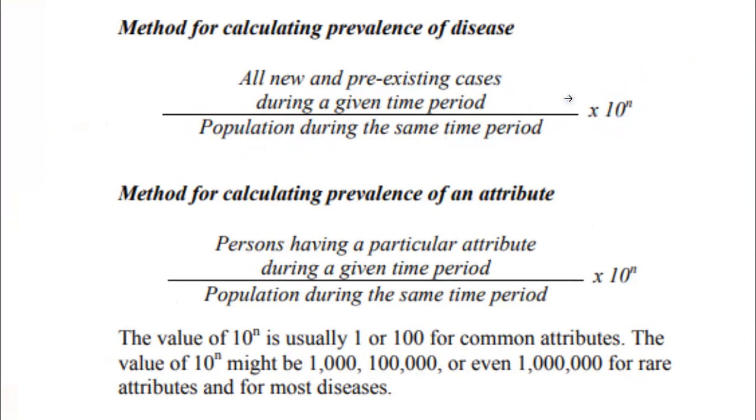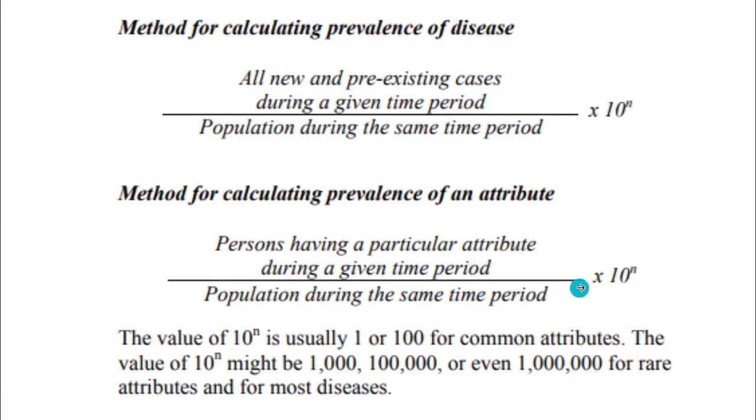Another method for calculating prevalence of an attribute: the persons having that particular attribute or condition during that specific period of time, we compare with the total number of population during the same period of time, and multiply by a factor.